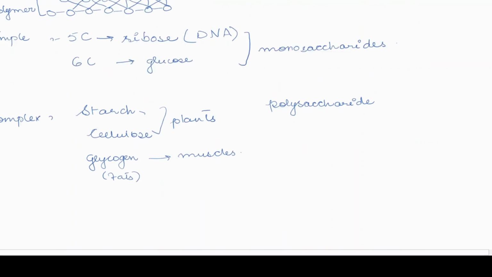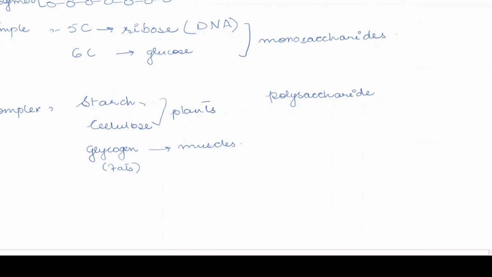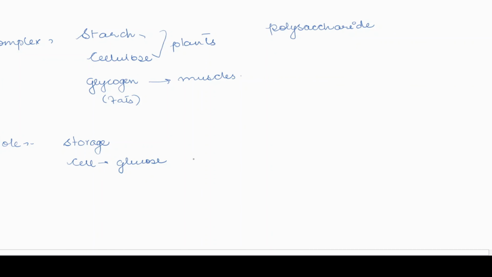Okay. So this is the structure. Let's talk about its role in our body. The first role is, it is a storage molecule. Like starch is a storage molecule, or glycogen is a storage molecule. Second thing, it is present in the cells like glucose, and it is used in the aerobic respiration as well as anaerobic respiration.